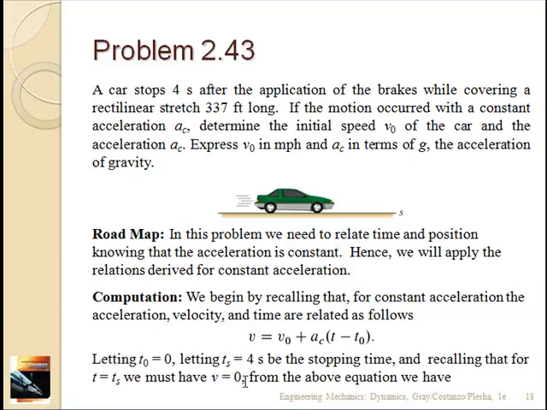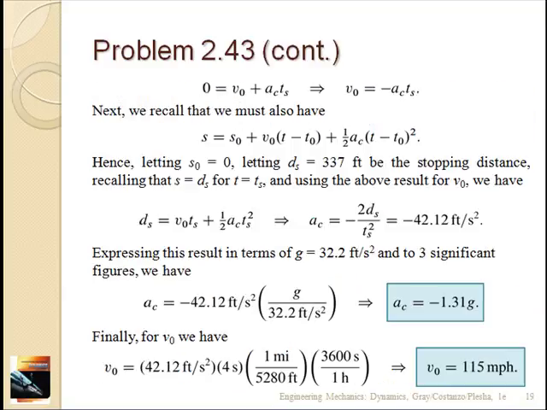So if it stopped, that means it has 0 velocity, right? So we know the final velocity, we know the initial time is 0, and we know the final time. There are two things we don't know: the initial velocity and the acceleration. So that gives us one equation for our two unknowns. All right, so 0 is v naught plus ac times ts, or v naught is minus ac ts.